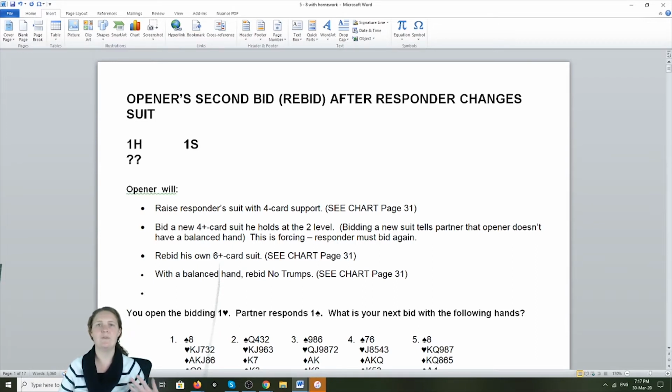There's bids that are forcing and bids that are not forcing. Now, what a forcing bid means is that you made it with the intention that your partner would not pass. The most common time there is a forcing bid is when we've bid a new suit. So here, when the responder bid 1 spade, this is classed as a new suit because we haven't bid spades before.